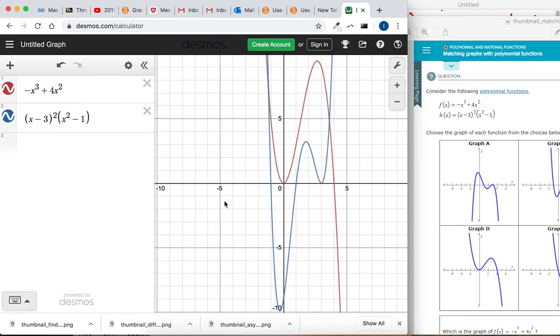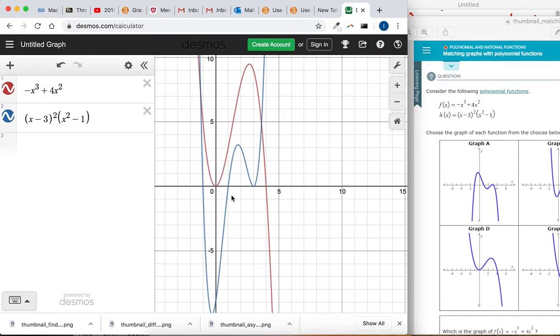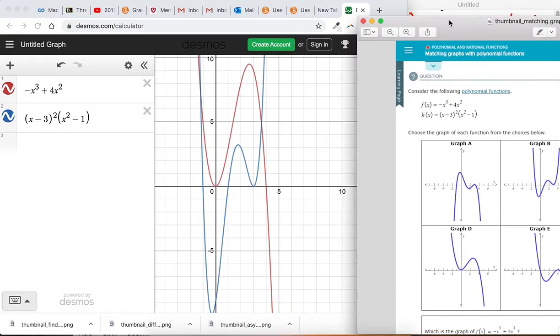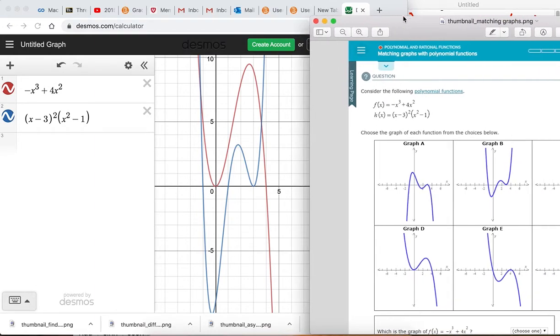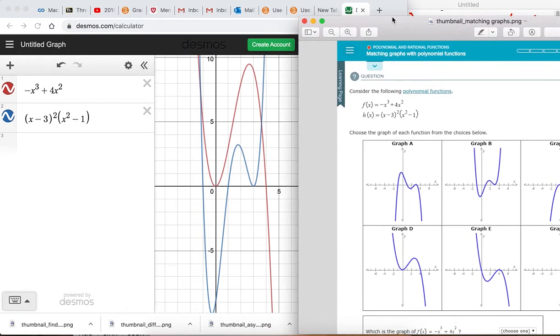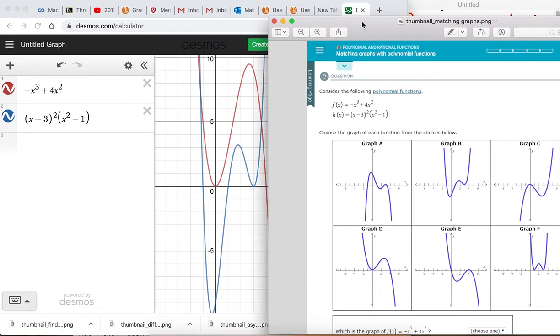So you can see it can graph both of them for you, and those graphs should match up with what we just chose for them, right? I just plugged in f of x as the red one in Desmos, and that matches with, let's see, what does that look like? Looks like graph D, right? None of those other graphs look like what we have in red in Desmos.